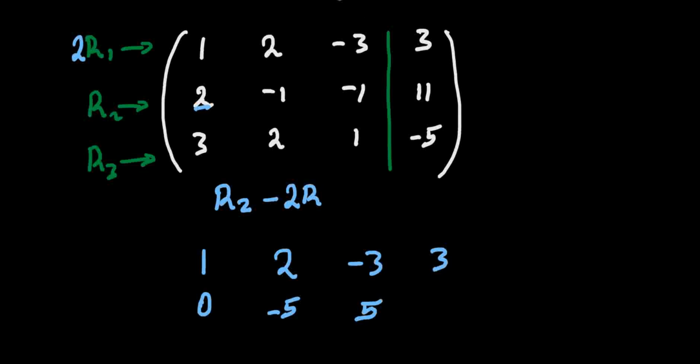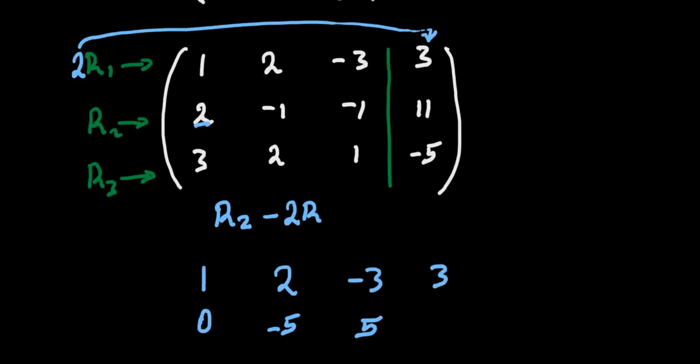Next, use the 2 to multiply this 3 that we have here. Use it to multiply 3, and that would give us 6. So 11 minus 6 would give us 5.